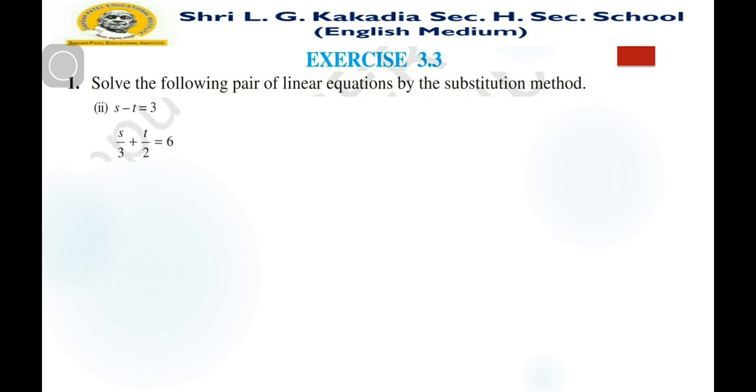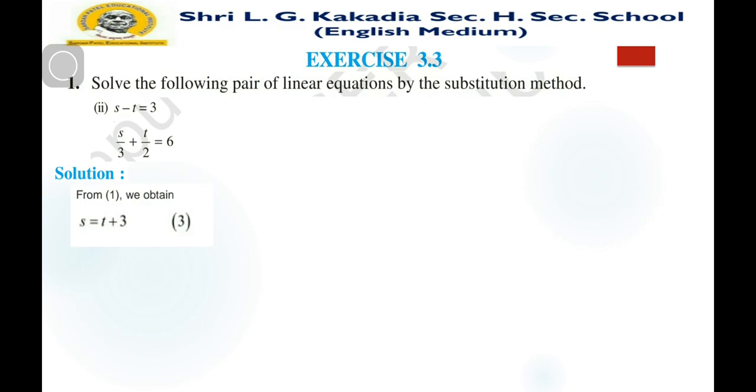So first, given example number 2: s minus t is equal to 3. In these two equations, s and t are the variables. We usually take x and y as variables, but here in these linear equations we take s and t. So s minus t is equal to 3 and s by 3 plus t by 2 is equal to 6. These are equation number 1 and equation number 2.